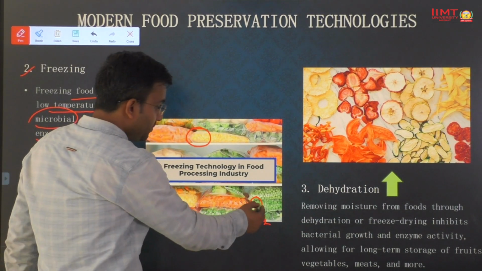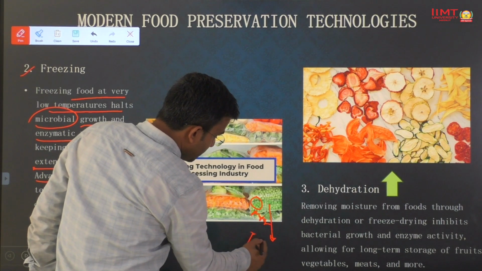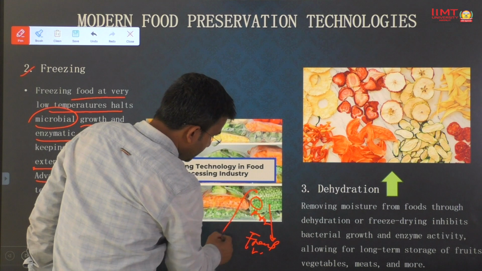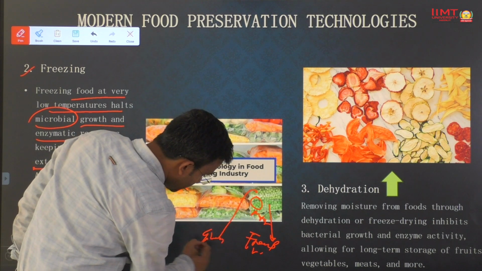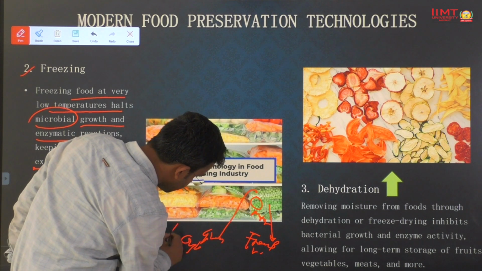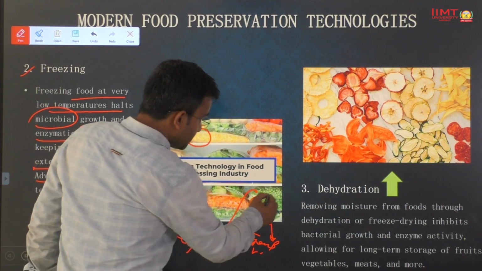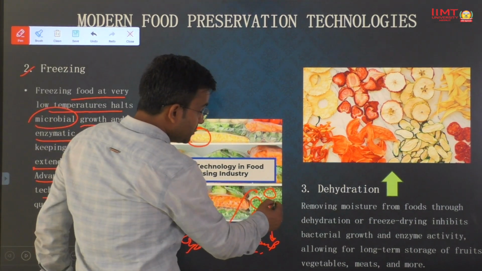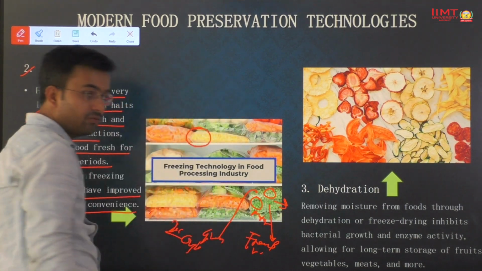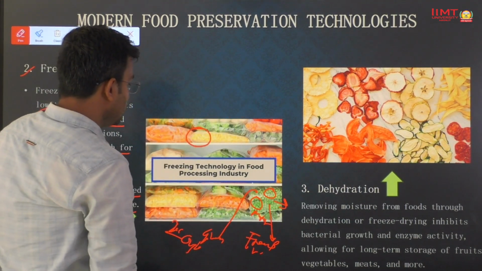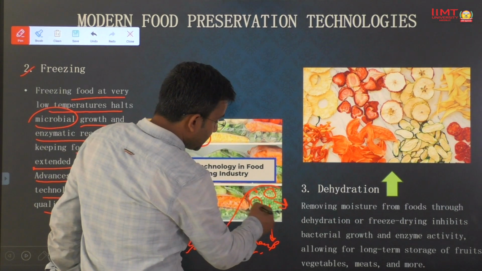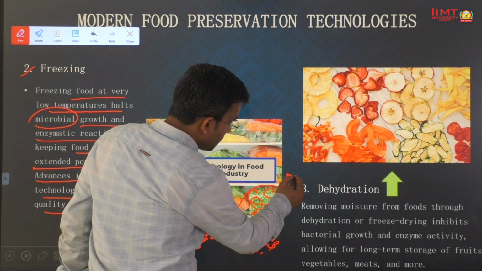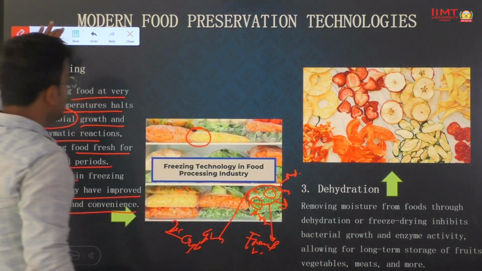Why? Because we preserve it in a deep freezer, under a condition of ice crystallization. When it's crystallized in the form of ice and stored in a deep freezer, we increase the shelf life and can store it for a long time. When packed in crystallized or moist condition, it never shrinks or loses freshness.